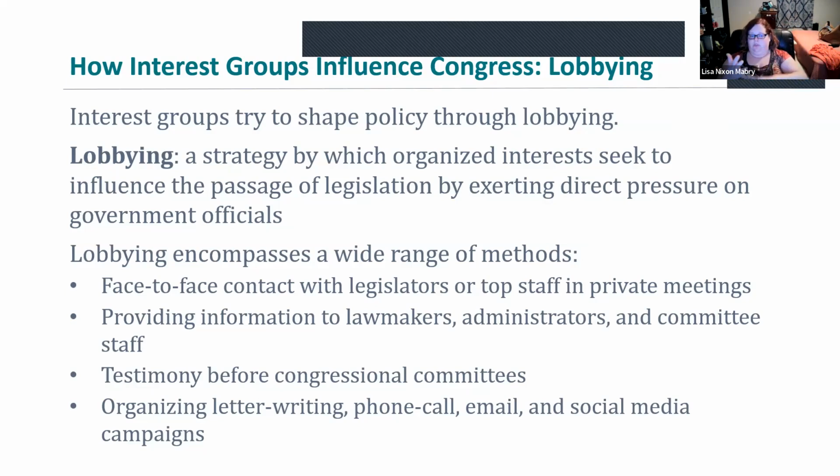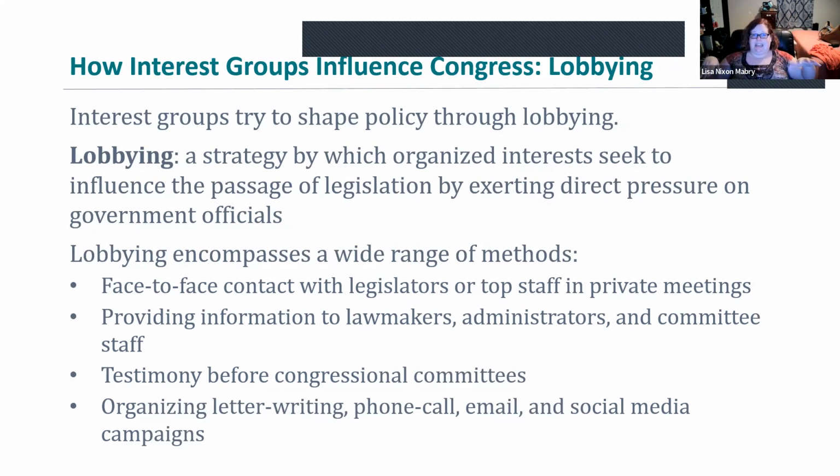They organize phone calls, emails, social media blasts, letter writing, rallies, even sit-ins at times, ways to basically get the legislators' attention. Okay, everybody's going to show up to Representative Joe's office, and we're all going to drop off a letter saying how we feel about this situation.